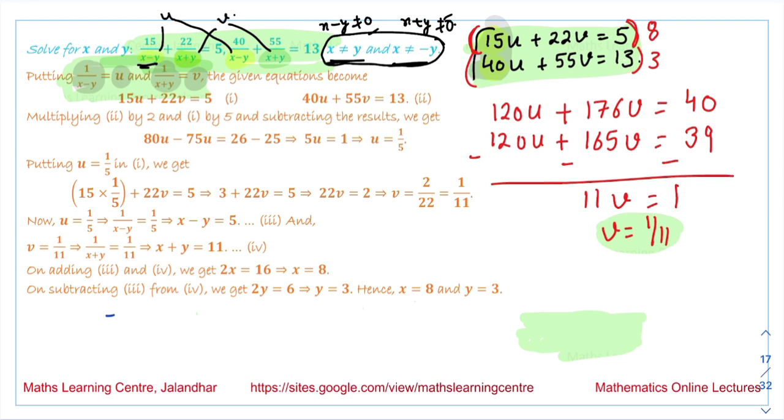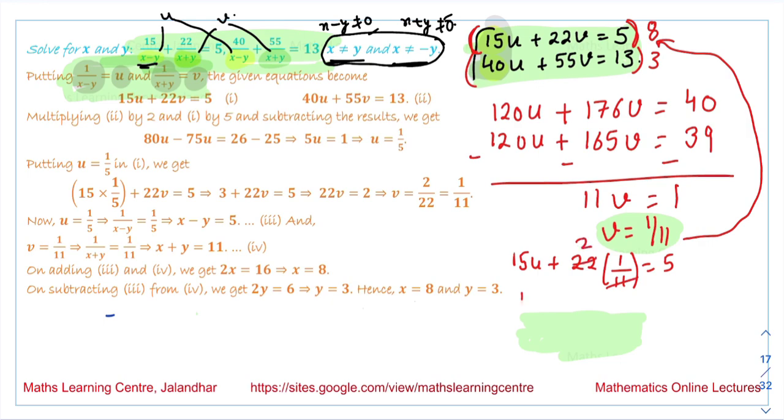Now if we substitute this value of v in the first equation, we get 15u plus 22 into 1 by 11 equal to 5. So it is 2 over here, and we get 15u equal to 5 minus 2, that is 3. So the value of u is 3 by 15, that is 1 by 5. So we have v equal to 1 by 11 and u equal to 1 by 5.